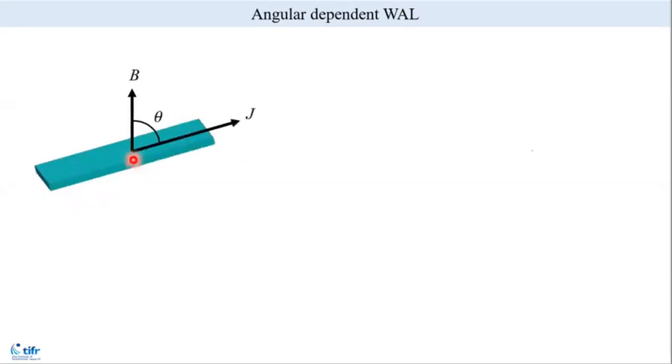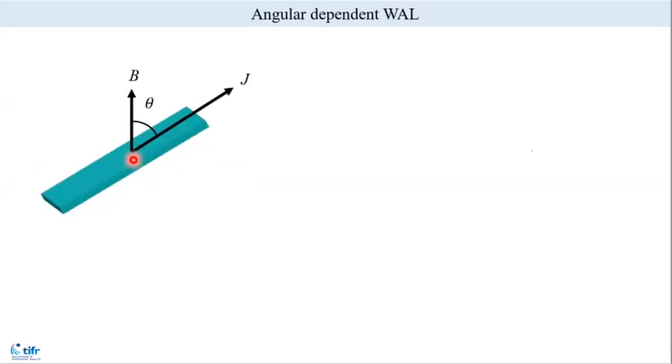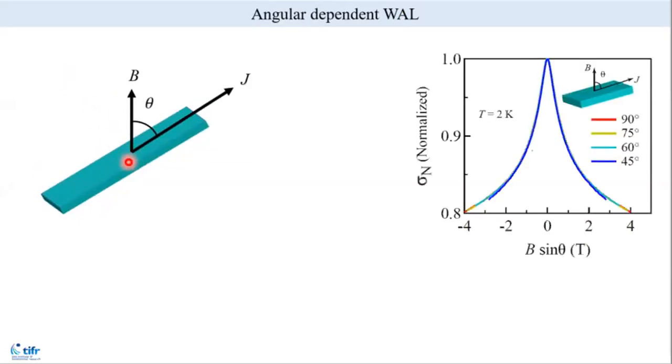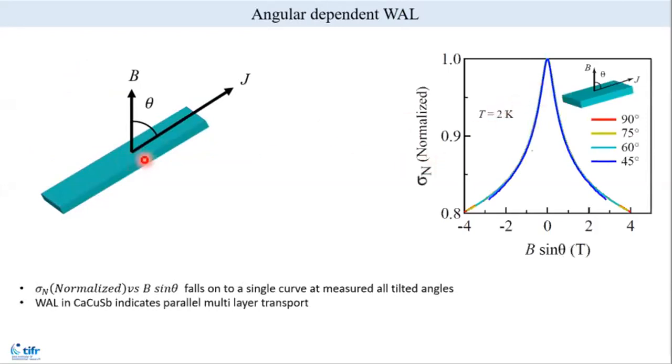You rotate the sample and look at the magnetoconductance, and you have only the effect due to the normal component of the magnetic field. This can happen only when you have a 2D surface: when the magnetoconductance as a function of B sine theta merges at different angles, that tells you the 2D nature.